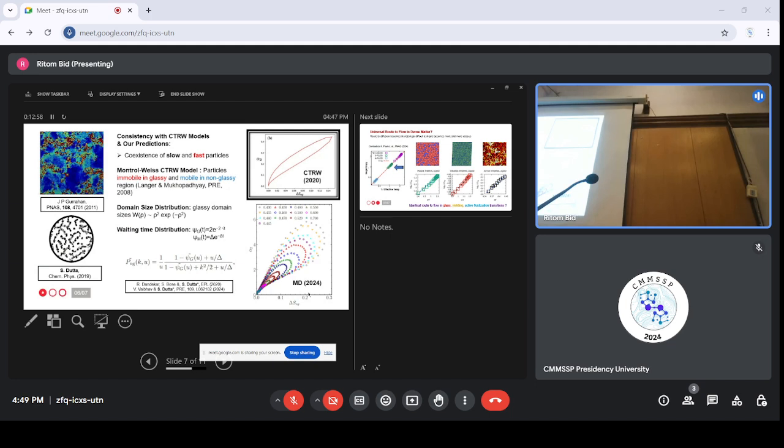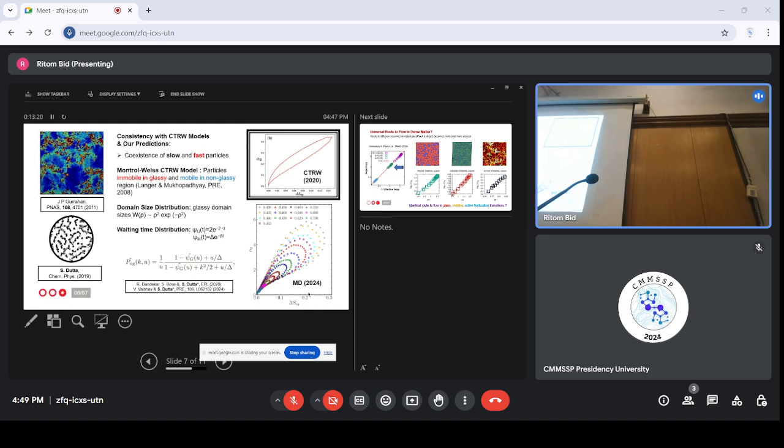So do we understand this picture, and can we frame it from some theory as well? We also tried to understand this. We already did some work. The funny thing is that we made the predictions earlier, and then did the simulations at a later time. We tried to model this kind of heterogeneous system using a continuous time random walk.